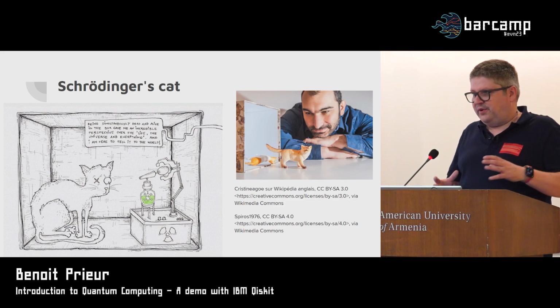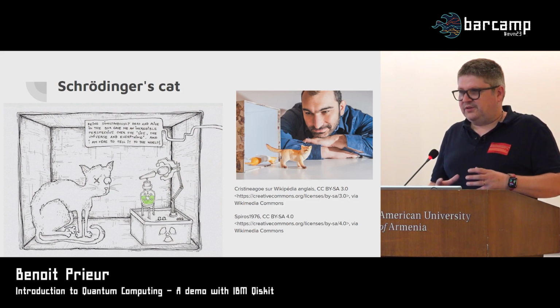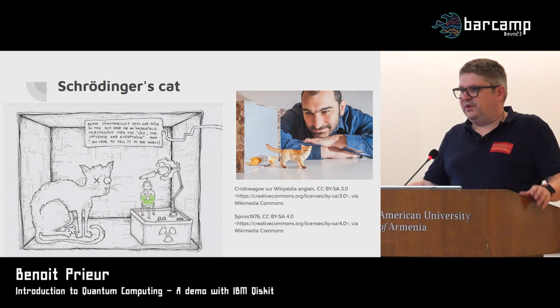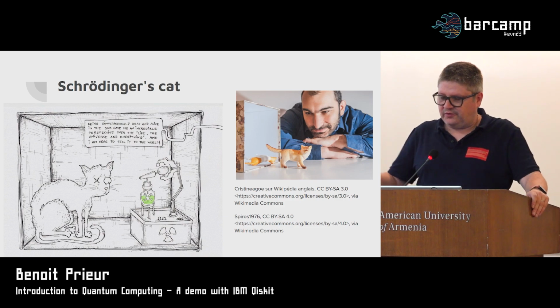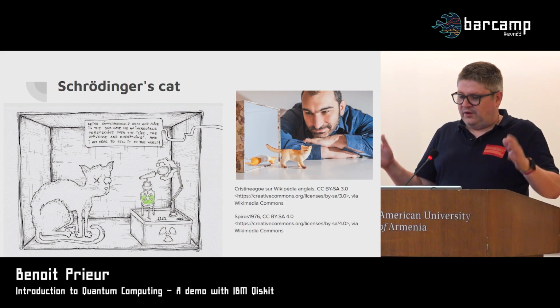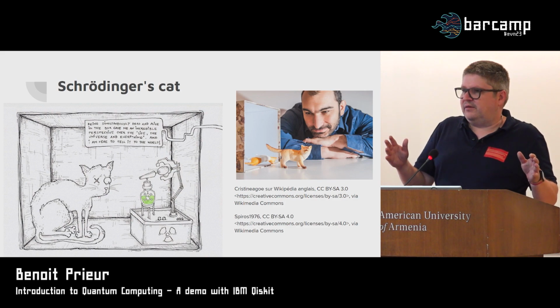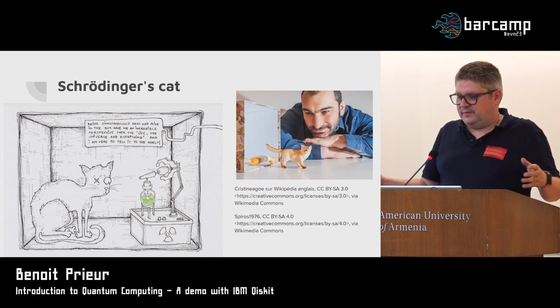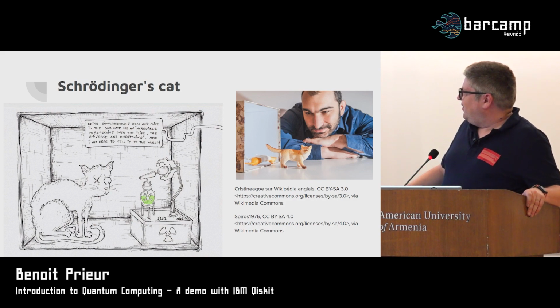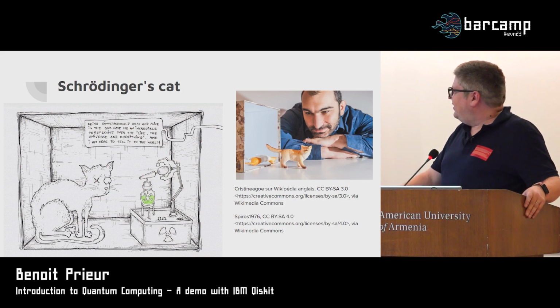And when we open the box, it's the measure. We come back in the real world without superposition. It cuts totally the superposition. And at this time, the cat is either alive or dead. In my example, I made the choice to have the cat alive. It's better.